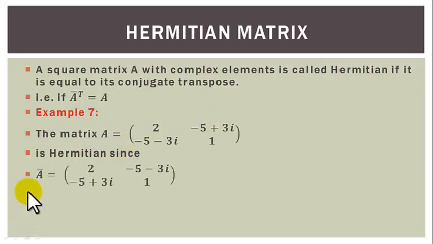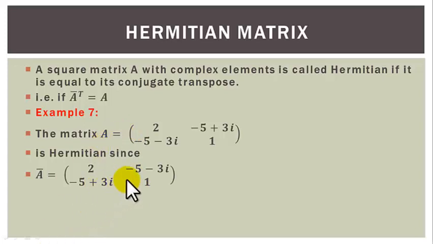A conjugate, denoted by A bar, is obtained by changing the sign of the imaginary part of the complex number. Here, plus 3i is the imaginary part of this complex number, so if we change the sign to minus, we'll have minus here. The imaginary part here is minus 3i, so we change the sign to plus 3i. So this matrix is now the conjugate of the matrix A.